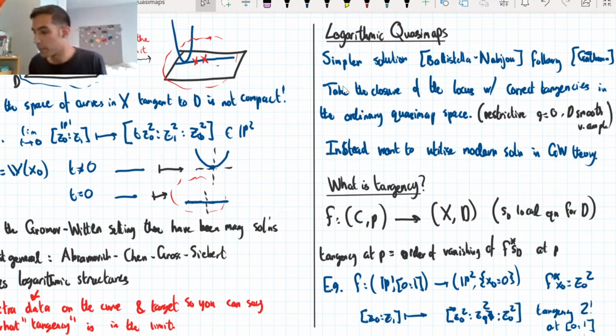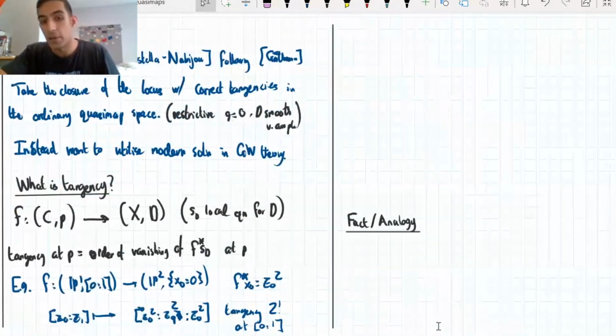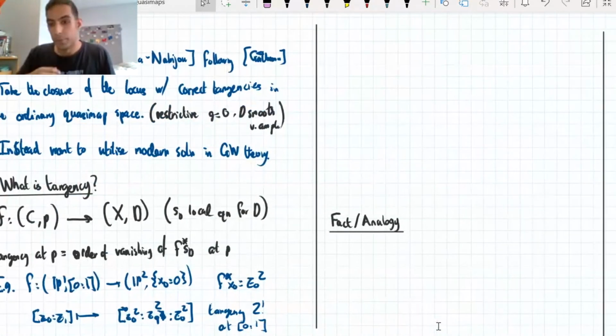That's correct. There's no well-defined notion of tangency at the base point, but it's fine. There's a tangency everywhere else. Okay, thanks. I mean, there's not even a map at the base point.